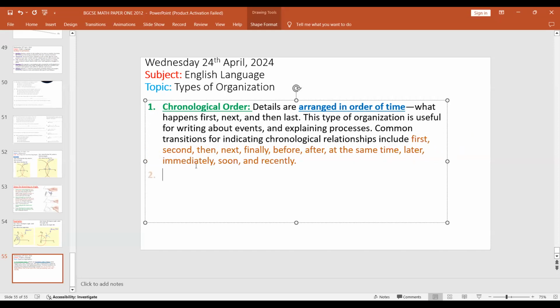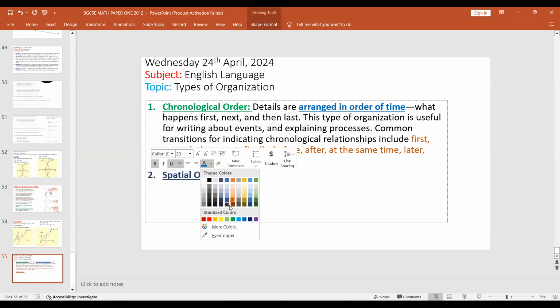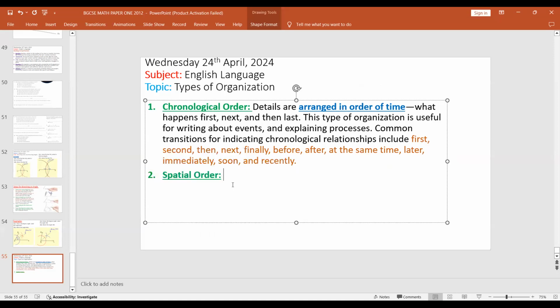Next, the second type of organization is spatial order. So we could arrange information in our paragraphs and in our essays in spatial order.